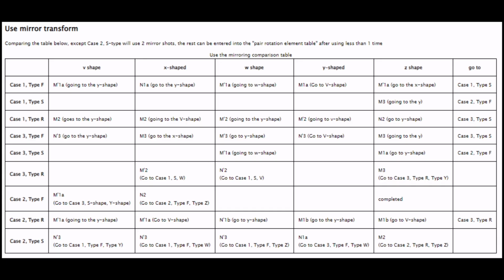So we refer to another table on the website, one called the mirror transformation table. We can find our case here, and it will tell us which of 4 mirror algs we should perform, either M, M prime, N, or N prime. If we find 3FV, it tells us to do N prime 3. But what does the 3 mean?